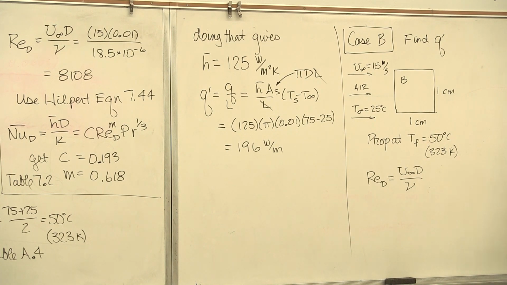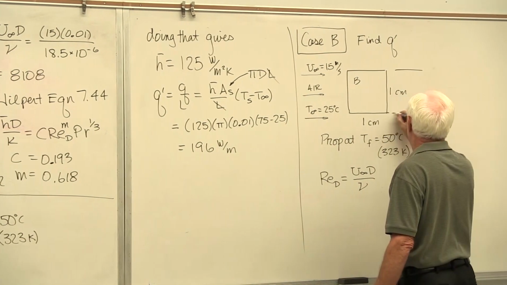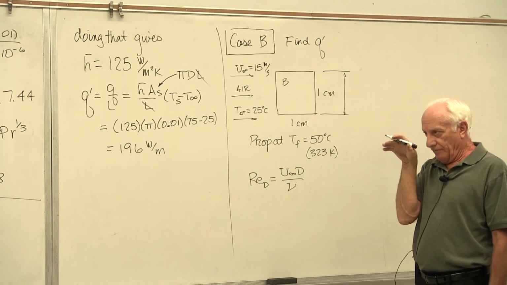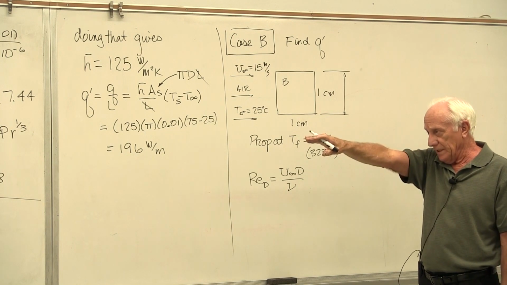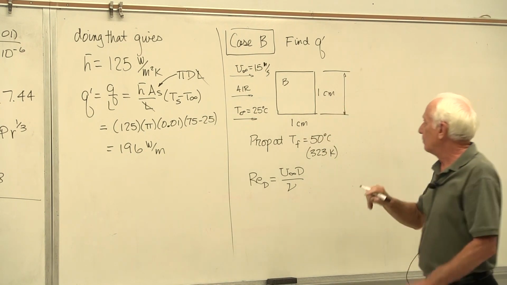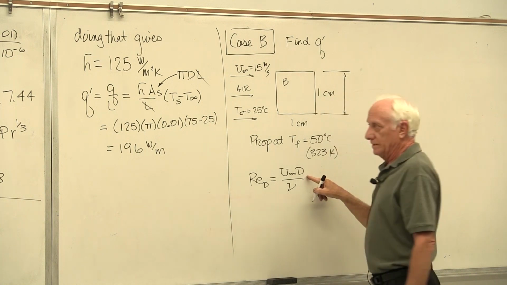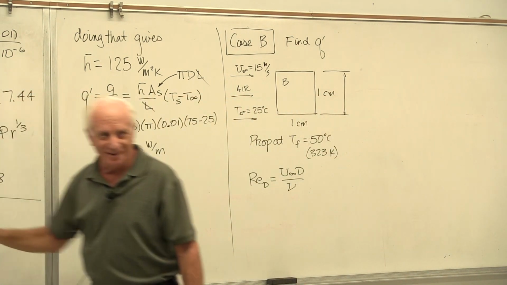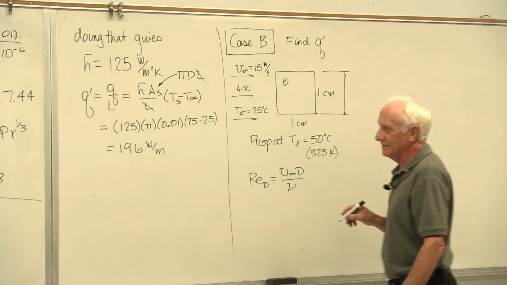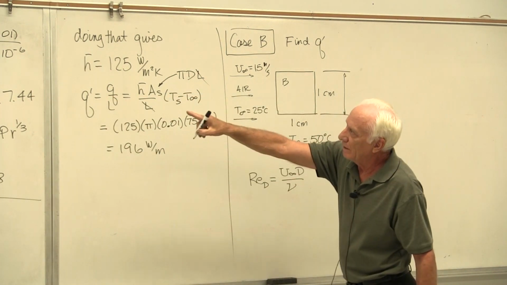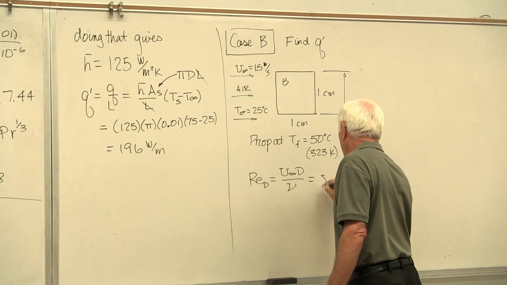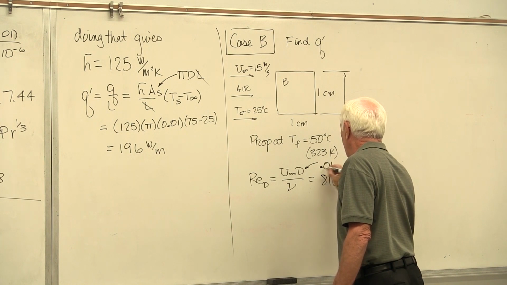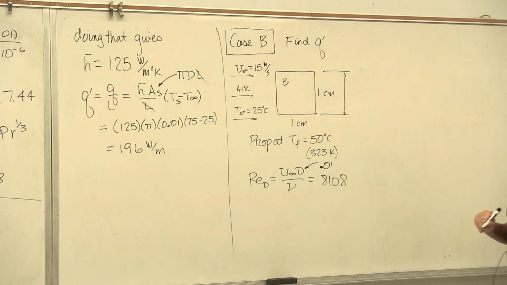The picture in the book shows you that D is the distance from the top to the bottom of the geometry. Looking forward from where the air approaches it, what do you see? I see top to bottom, 1 centimeter. D is 1 centimeter here. Conclusion, the Reynolds number stays the same, 8108, with D equal to 0.01, 1 centimeter.